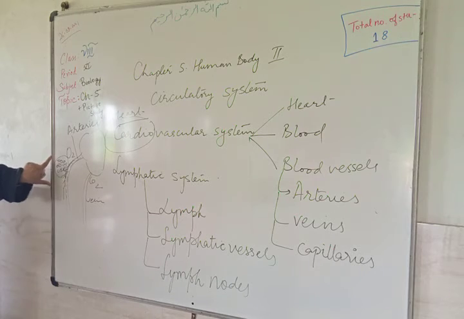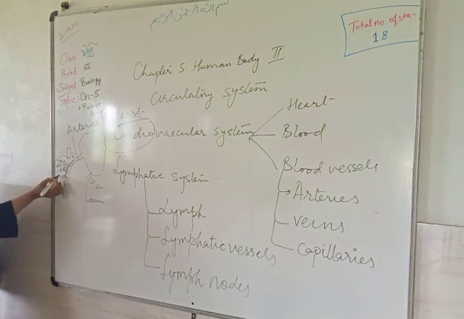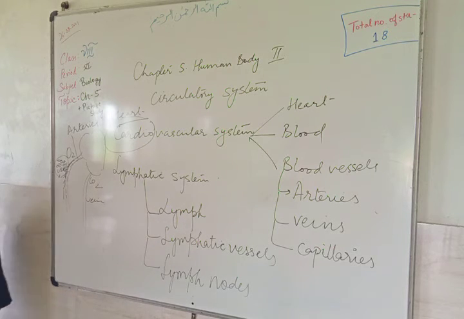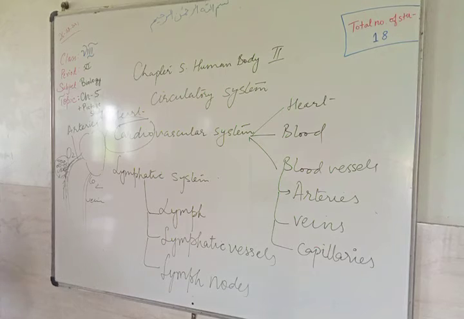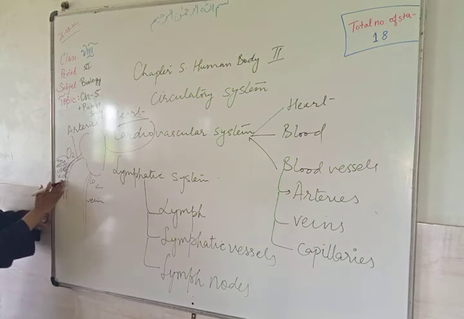The cells utilize the oxygen and the nutrients, and as a result of the metabolic process, waste products are released into it. So the used lymph which has the waste products, the deoxygenated lymph, is absorbed by another set of vessels called lymphatic vessels.